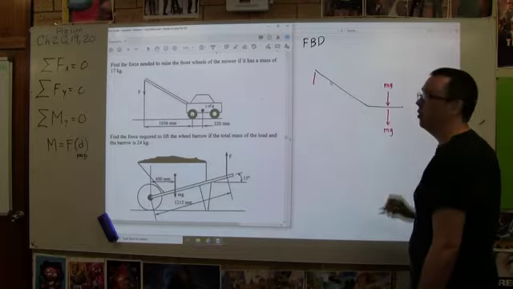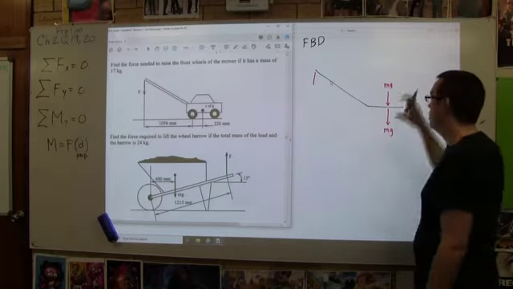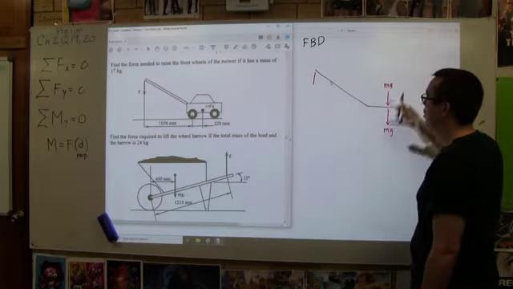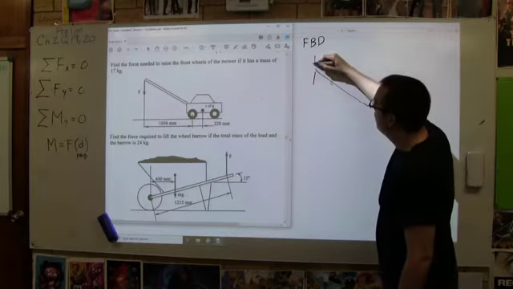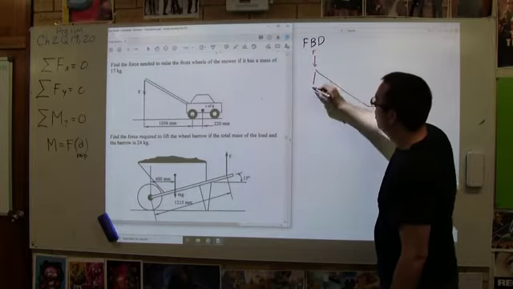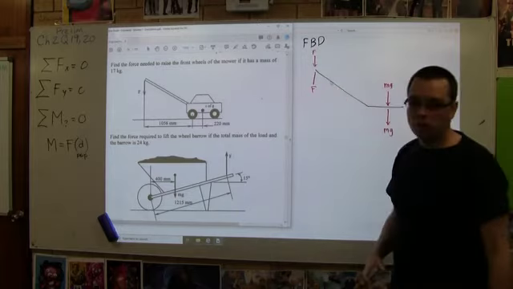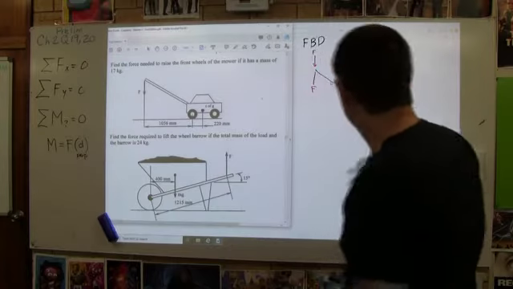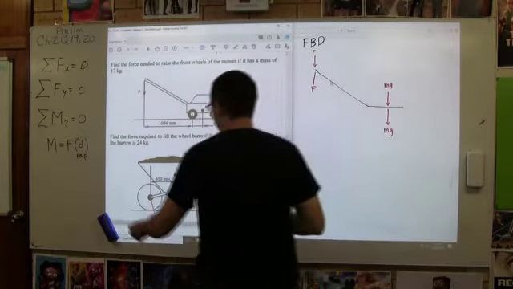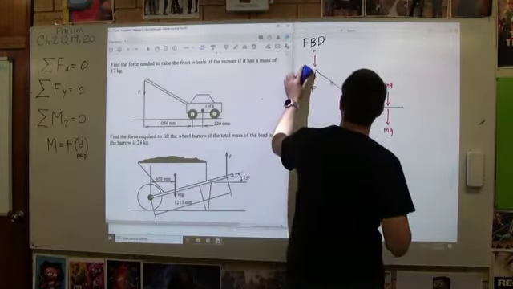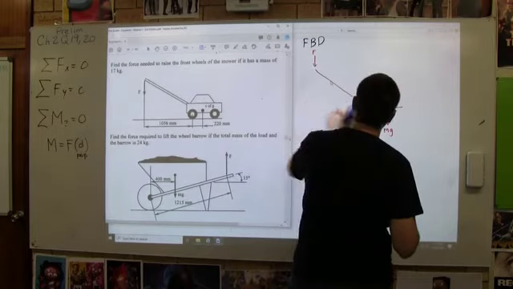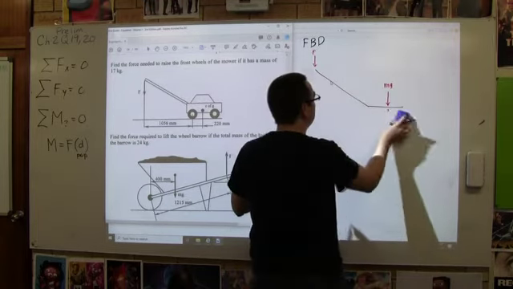It makes no difference to our calculation. The transmissibility of forces means it doesn't matter if it's written here or here. The same with F. It doesn't matter if it's written above or below. I'm going to write F in the same spot as in the diagram, and I'm going to write mg above just to show you that it doesn't really make any difference where these things are written.